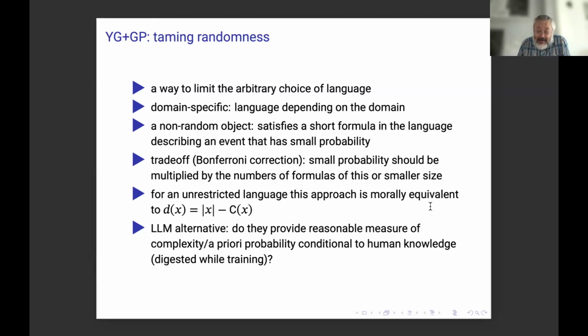And so actually in their internal mechanism, it seems, I don't know much about this, unfortunately, it seems that they somehow estimate this a priori probability, conditional on what they learned, and what they learned is somehow the previous human knowledge.